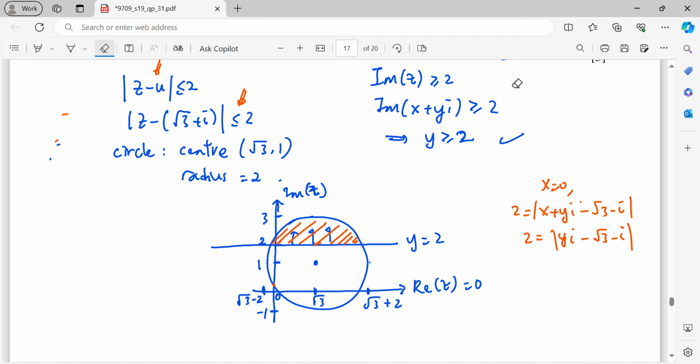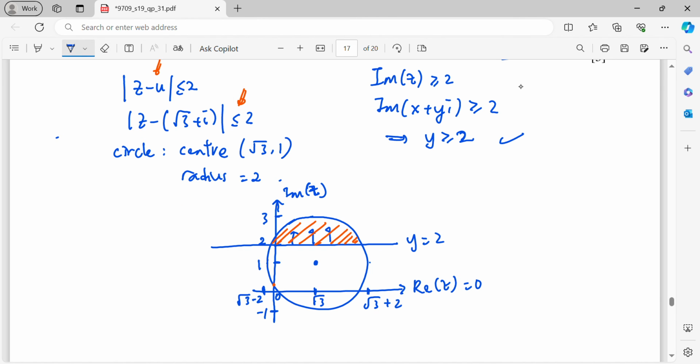Just for information, this part is not needed. What you need to do is sketch: you measure and sketch, and make sure you label correctly.